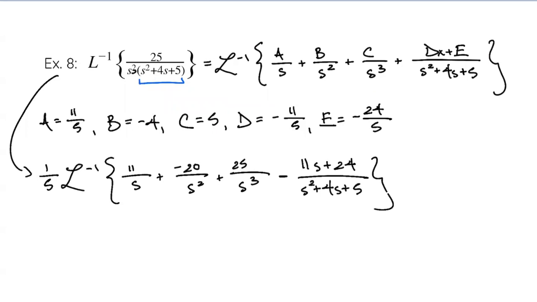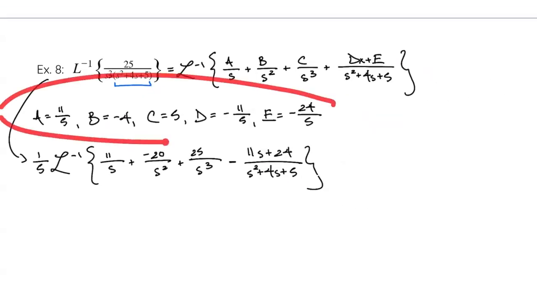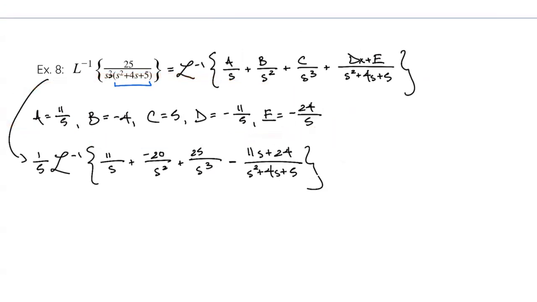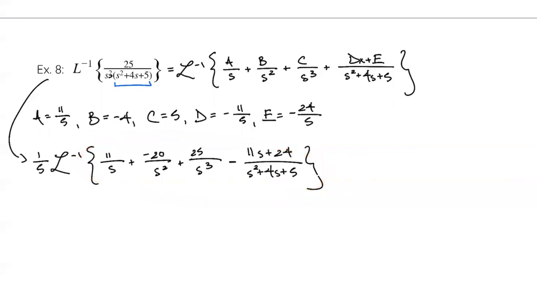What I'd like you to do today is this. Number one, make sure that you can confirm those constants. Find a method that works for you, matrix, system of equations, whatever it is, but find those values. The second thing I'd like you to start to look at is which lines in the table these 4 terms correspond to, and see how far you can get.